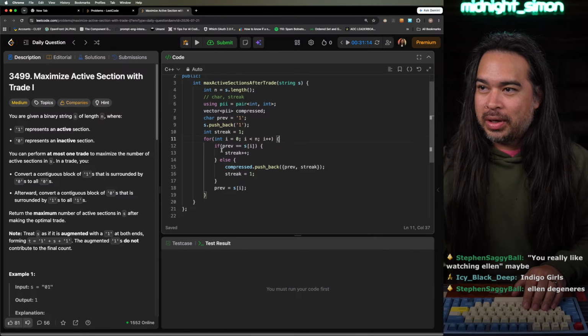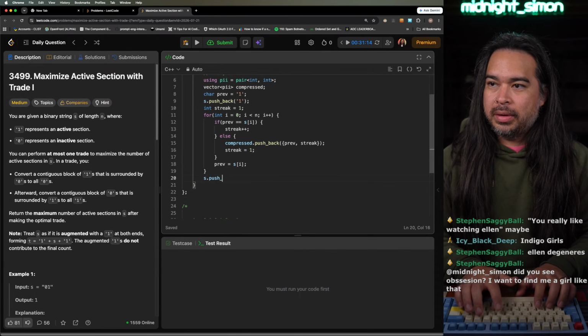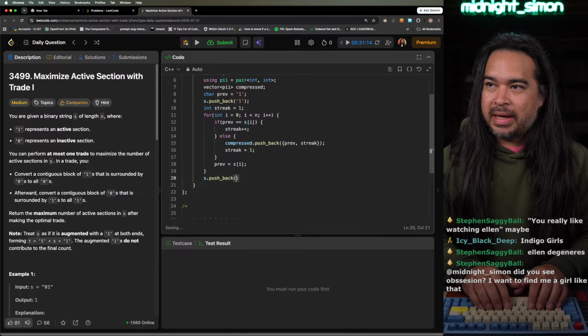Push the 1. Alright, I think this is gonna work. If it's the same, we increment the streak. Otherwise, we push back the streak. And then we reset the streak. And then we gotta push back the last character.